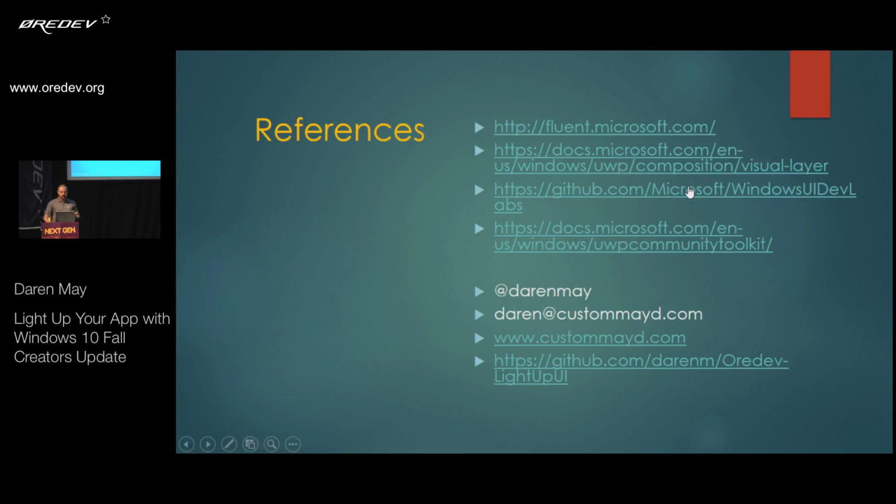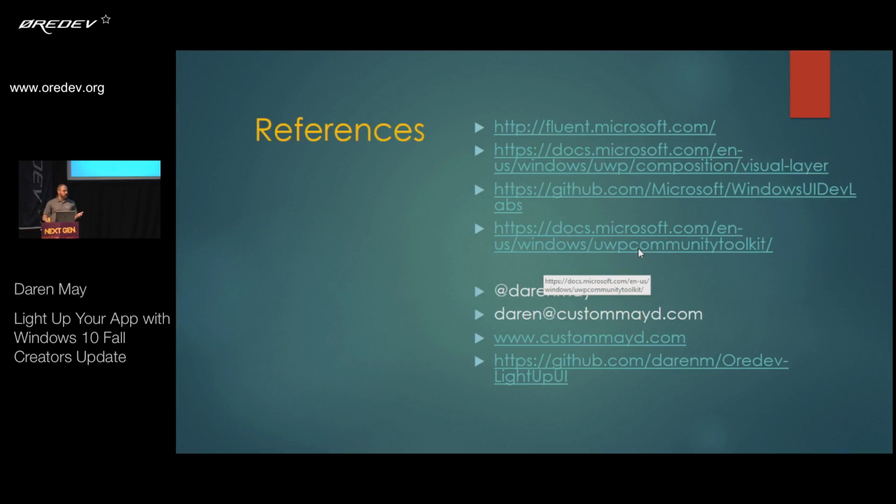We're making those changes. The Windows UI Dev Labs, this is the composition team and their reference application they put out there that shows how to use every facet of the composition system. UWP Community Toolkit. This is a very comprehensive library of capabilities that are out there right now.